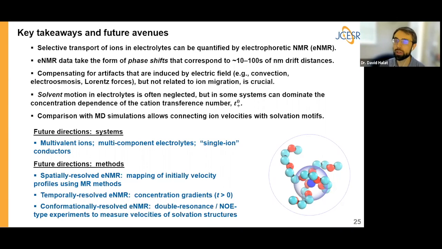We've been fortunate in that for all the nuclei and systems that I've looked at so far, both T1 and T2 have been long enough. In other systems I've looked at, once the T1 drops below 100 milliseconds or gets very short, it really proves a challenge to get enough signal by the end of the sequence.